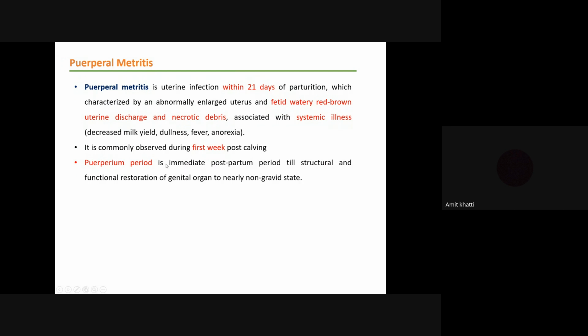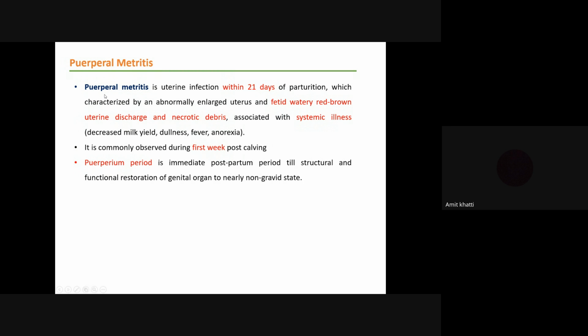It is the immediate postpartum period in the dairy animal, generally 2, 3, or 4 weeks in different animals or breeds. This period is concerned with the structural and functional restoration of the genital organs nearly to the non-gravid state. So if in this period the animal catches a uterine infection with these characteristics, it is defined as puerperal metritis.